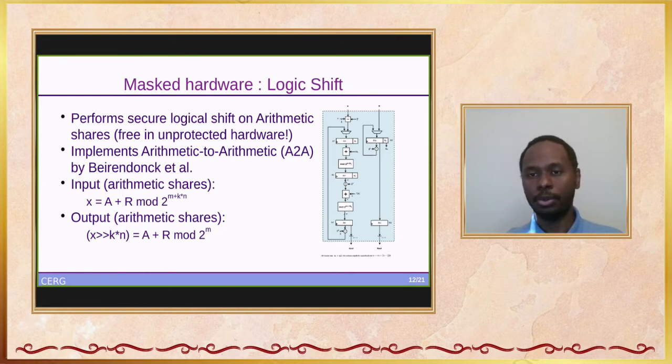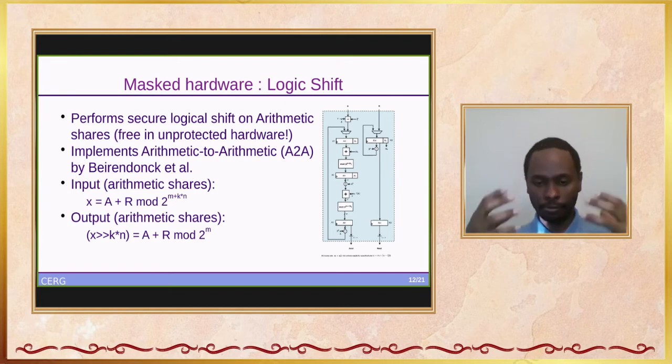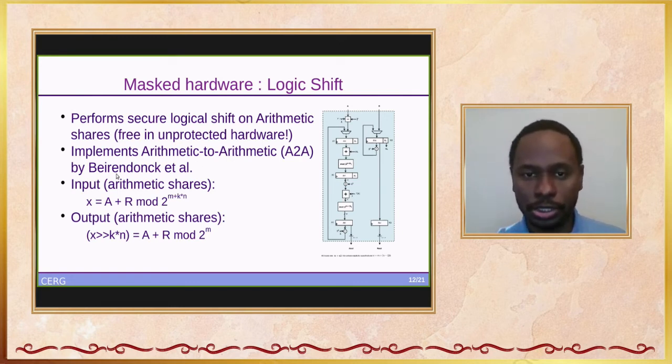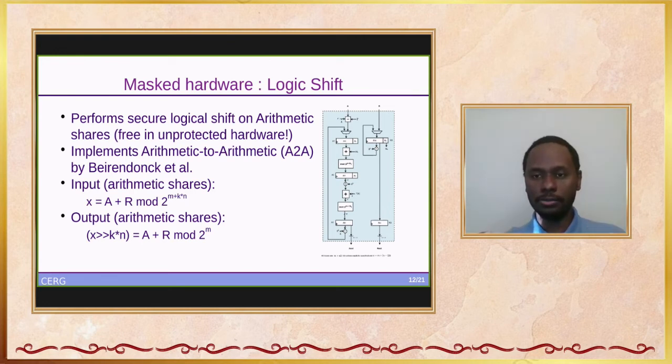In the protected implementation, it's more difficult because you receive arithmetic shares, and the logic shifting is a Boolean operation. So the idea of this, which is taken from the work by Bronchain and others, we did the hardware implementation for that algorithm. The idea of it is that it receives arithmetic shares, does the shifting, and eventually outputs arithmetic shares that are usable for the polynomial arithmetic units.